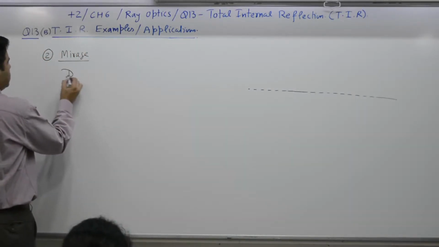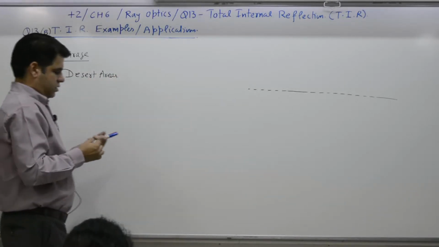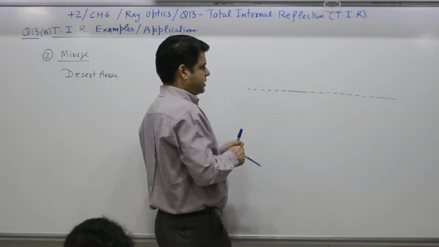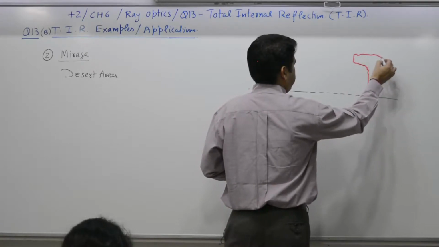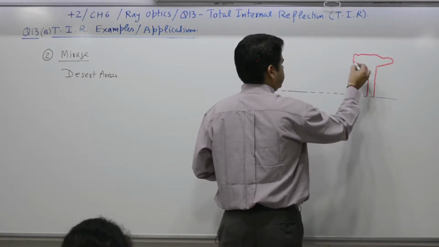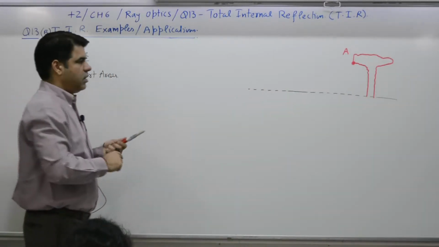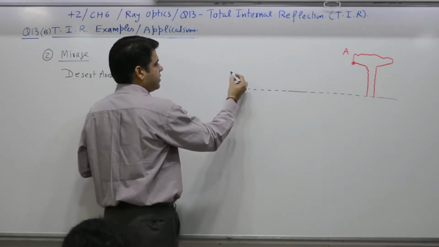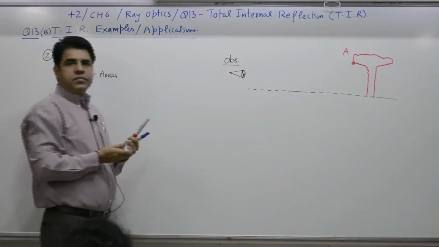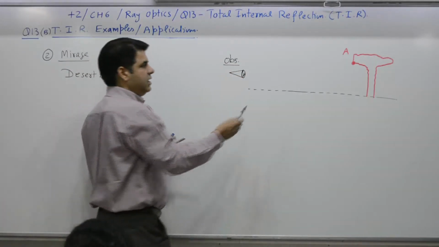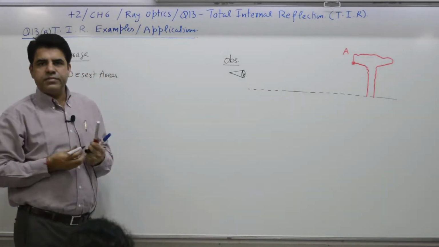This is the effect which you observe in desert areas. Suppose there is an object, a tree, and there is a point A. There is an observer, my eye, this is how the eye is positioned. You see an object directly, that is simple. So you see a tree, that is a normal phenomenon.